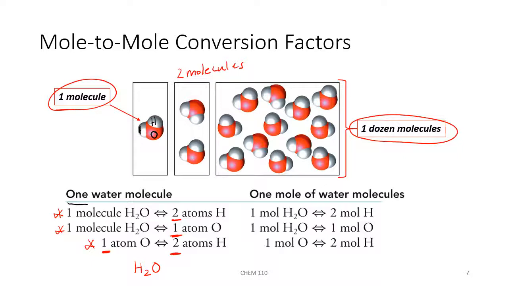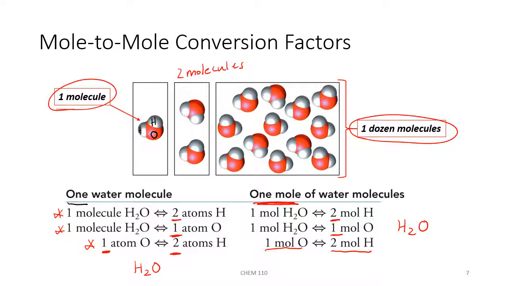So since a mole is just simply a counting term, just like a dozen, we can use mole relationships as well. 1 mole of water would always be 2 moles of hydrogen. 1 mole of water would always be 1 mole of oxygen, and we would always have 1 mole of oxygen for every 2 moles of hydrogen in our compound of water.